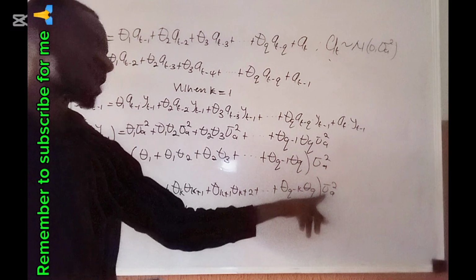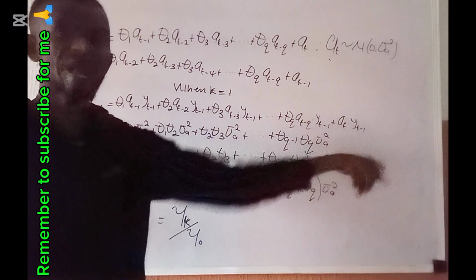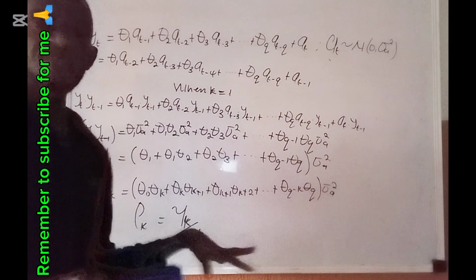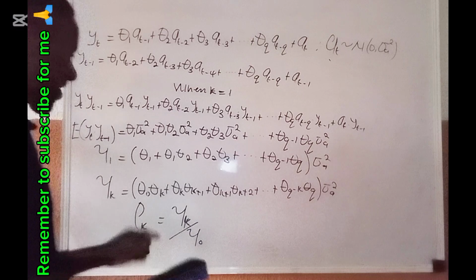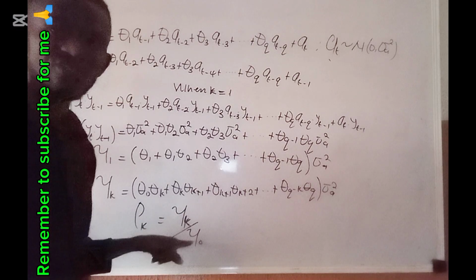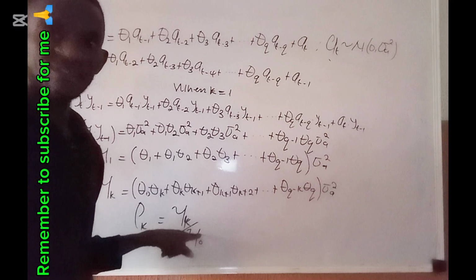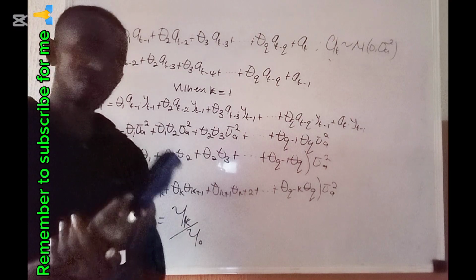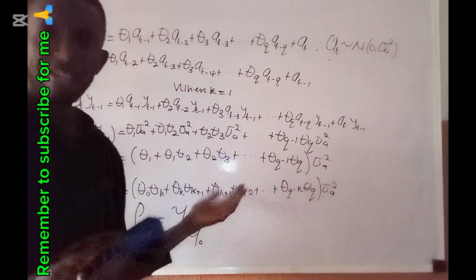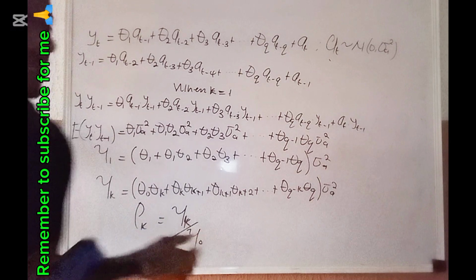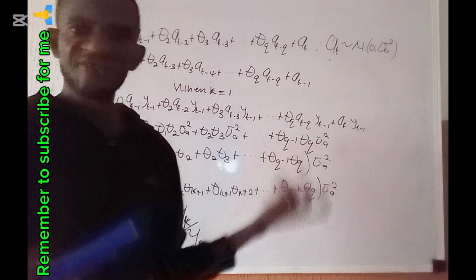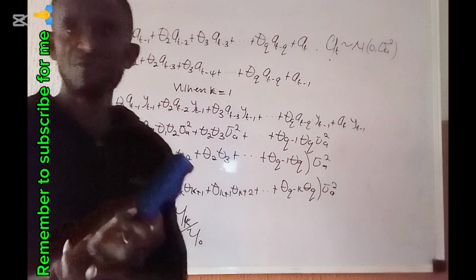What will cancel out now becomes the variances, which are found at the end of the expressions. And then every other expression in the terms of the gamma k remain at the numerator, and every other expression at gamma 0, which is the variance, remain at the denominator of the expression of rho k. And that's exactly how to go about obtaining the autocovariance, the autocorrelation, the mean and the variance of the moving average model of order q.